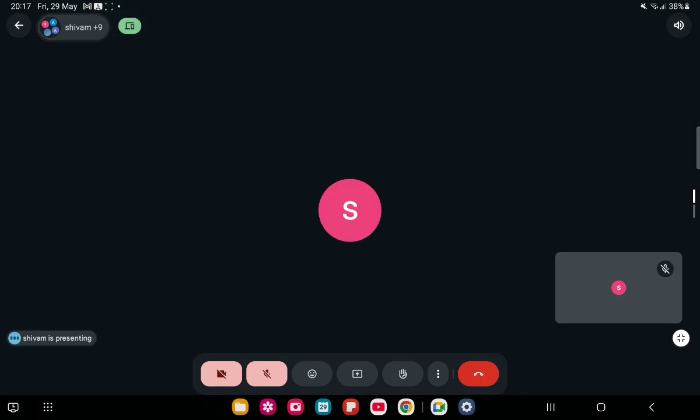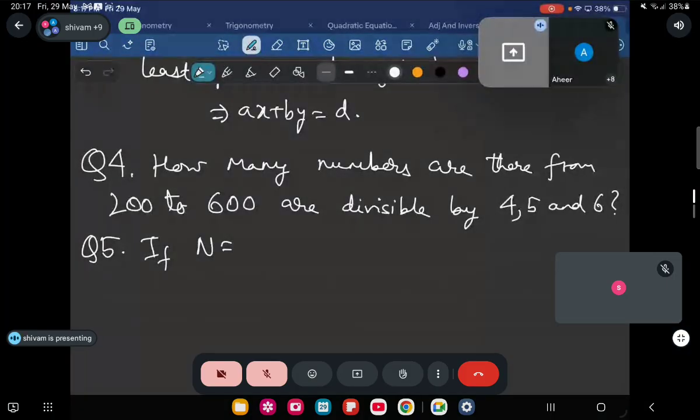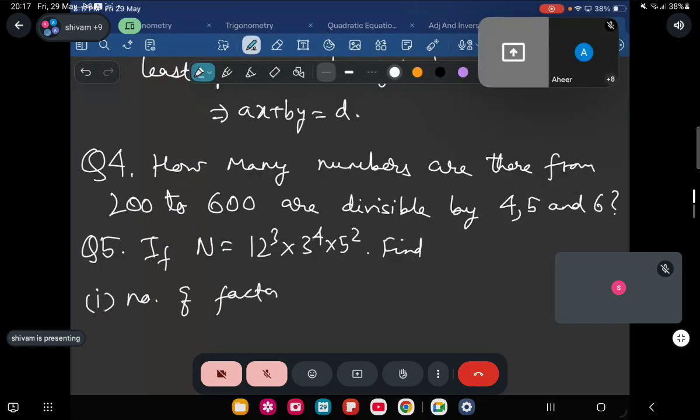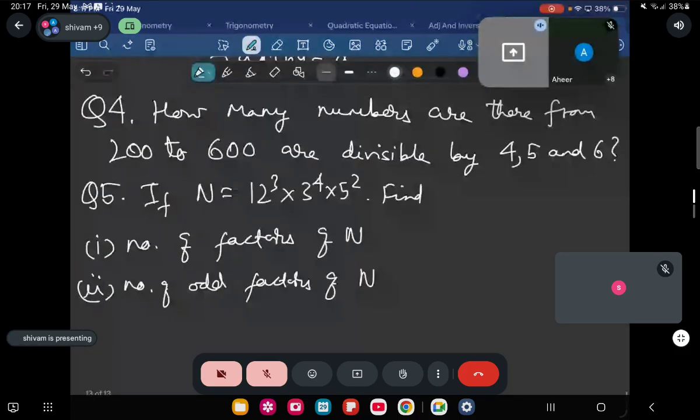Question number 5. If n is equal to 12 cube into 3 to the power 4 into 5 square, find: number 1, number of factors of n. Number 2, number of odd factors of n. Number 3, number of even factors of n.